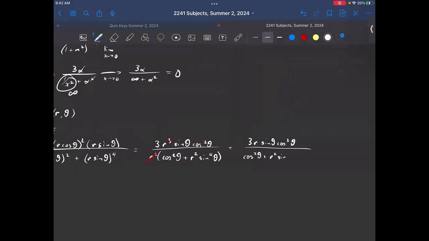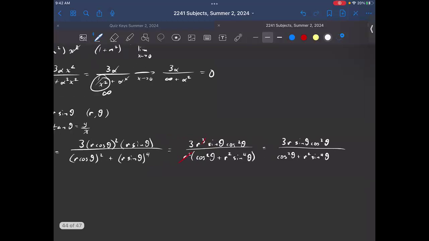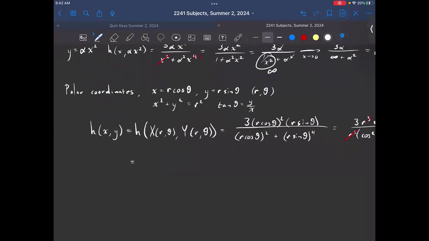Now we'll do our division trick. We have 3 sine theta cosine squared theta divided by cosine squared theta over r plus r sine to the fourth power theta.